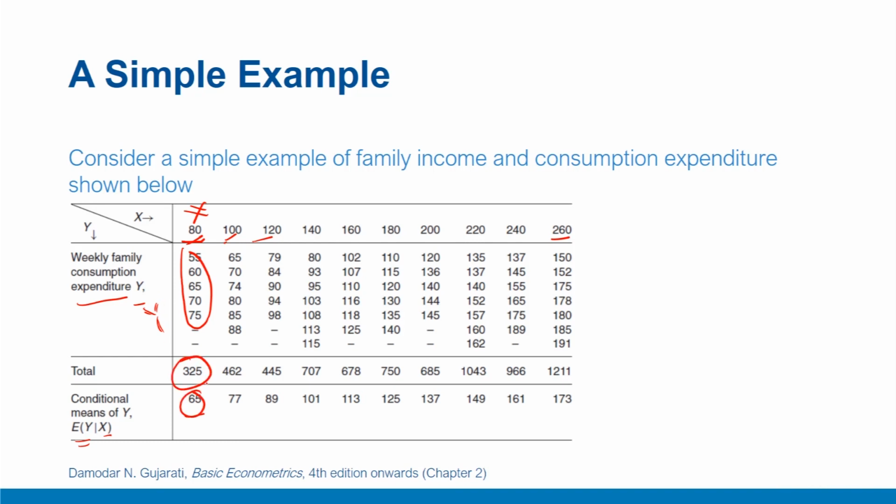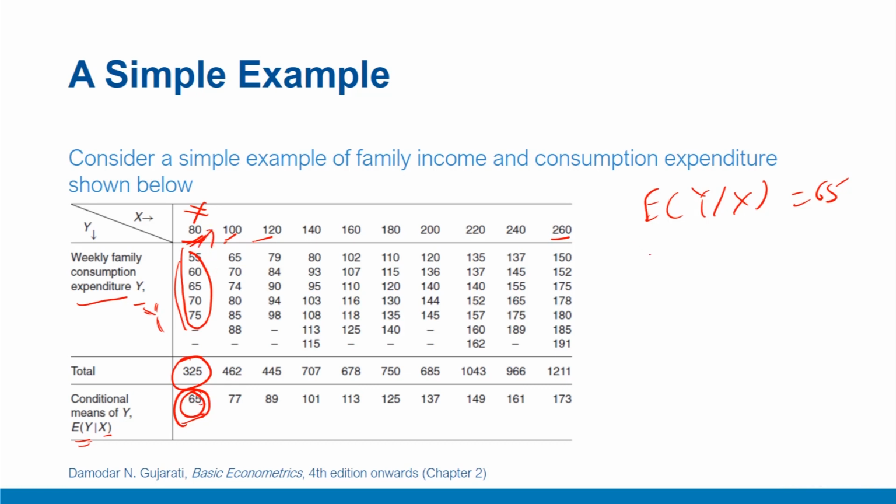Now this 65 is the conditional mean of Y conditioned upon a given value of X, which is 80, and that is why it is called the conditional mean of Y, the expected value of Y given X. Recall that in the previous video we said that if we do not have any a priori probabilities, we take the simple average to compute the expected value, and the same thing we did here by taking the average of these values, which is 65 for X equal to 80.